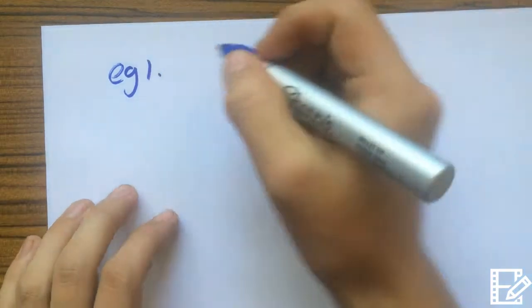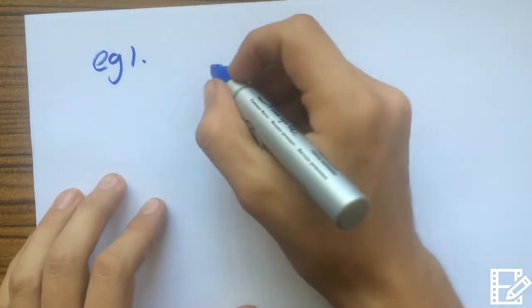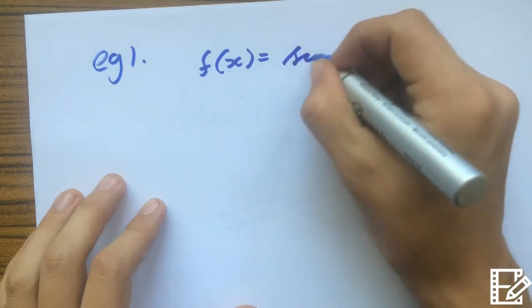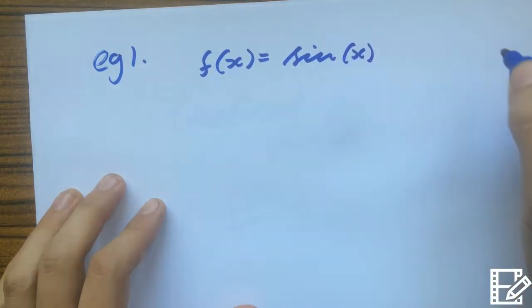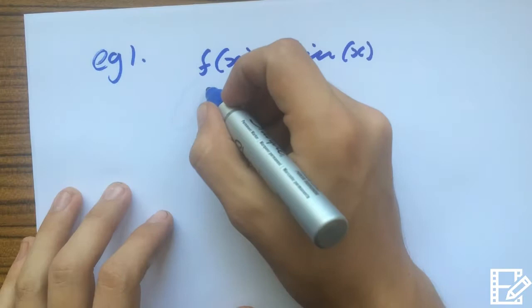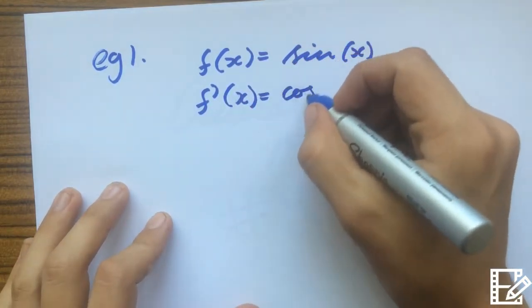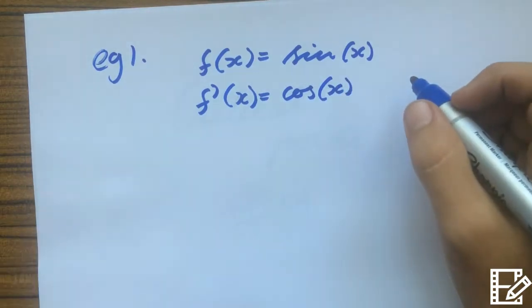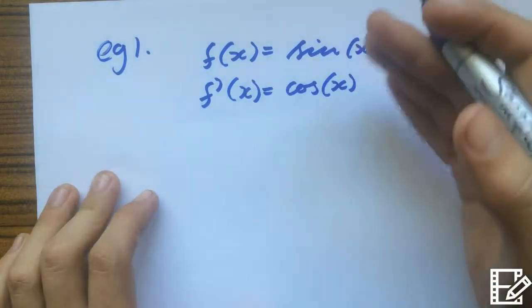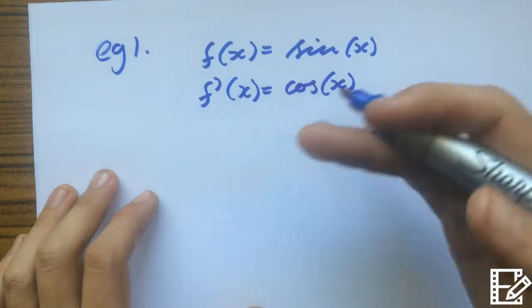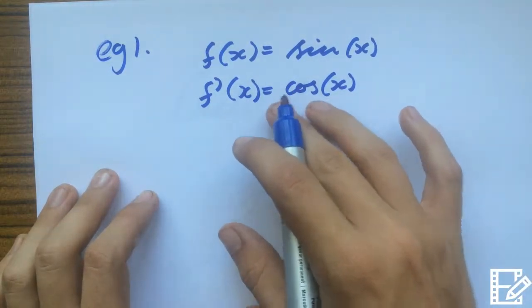Example 1. We have f(x) equals sine x. Nice and easy. The derivative of sine x is cos x. Because we don't have a fraction, we're not going to set the bottom to being undefined or to 0, because it's just a one-liner.